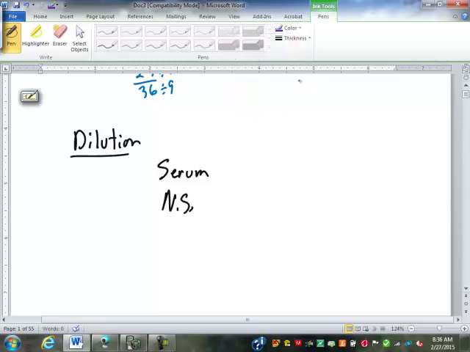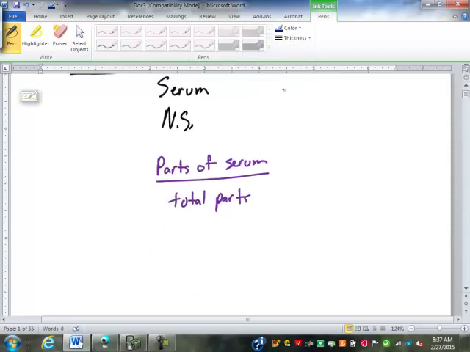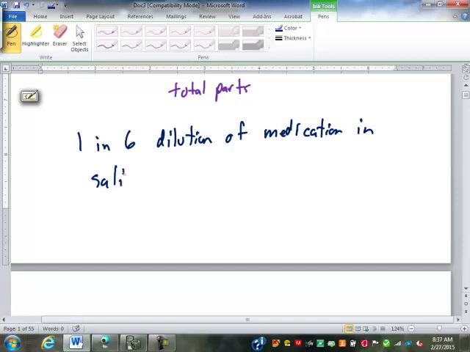And a dilution is a ratio of the parts of concentrate or serum to the total parts. For example, if we create a 1-in-6 dilution of medication in saline, there are 3 ratios created here.